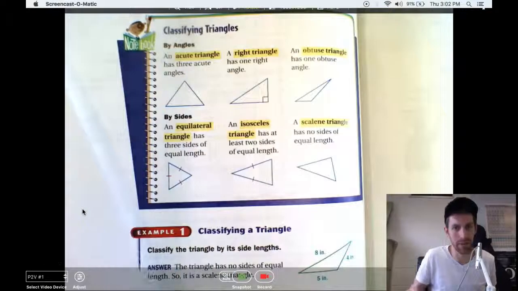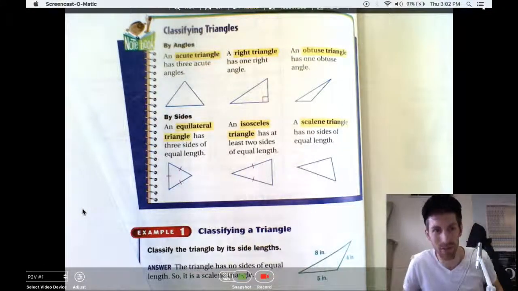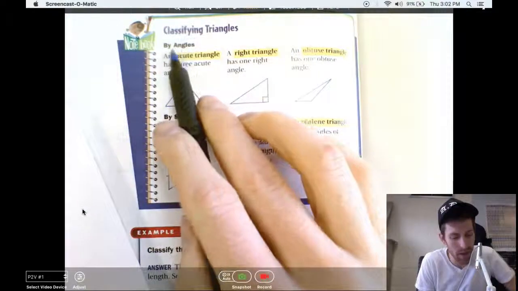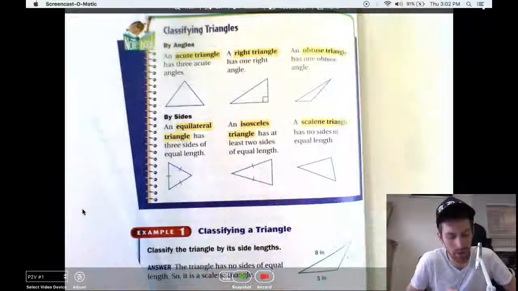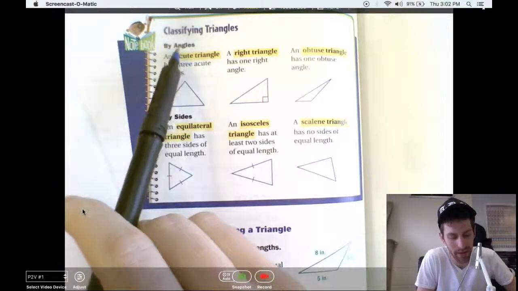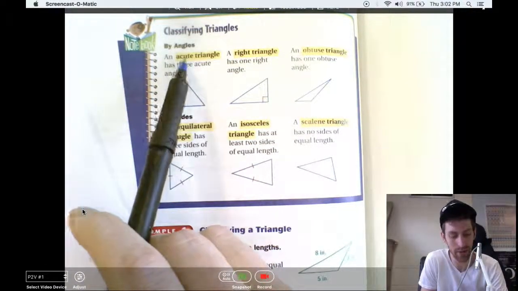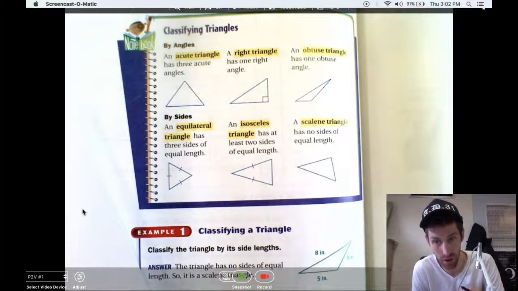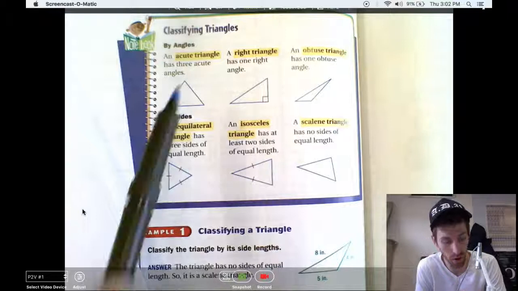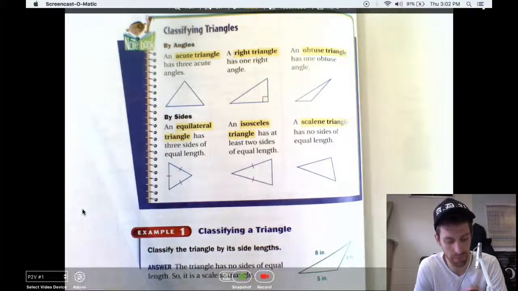Classifying triangles means just naming triangles. So, by angles, we can name a triangle an acute triangle. This is by angles because when you say acute triangle, you're saying that all of the angles are acute. All of them. Boom, boom, boom.